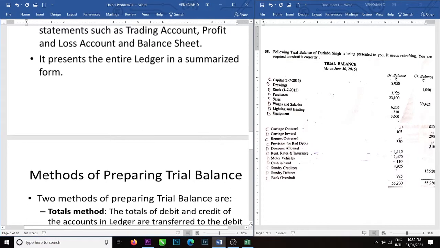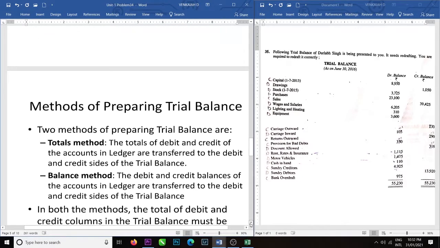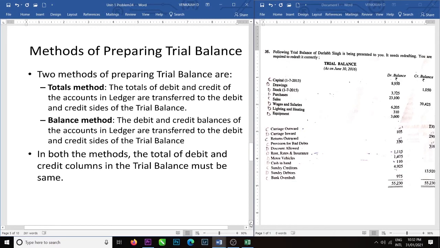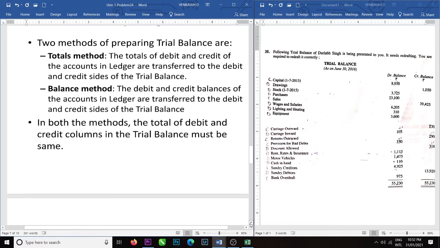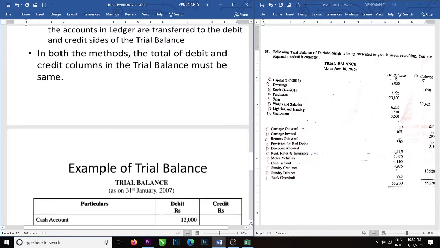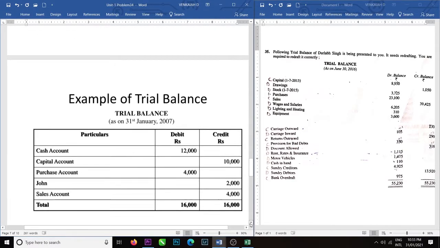Okay. Two methods are there to prepare trial balance. One is the totals method or balances method. Usually we follow the balances method, means balances of ledger accounts were posted to the debit and credit side of the statement, that is trial balance. Here you look at the trial balance format.